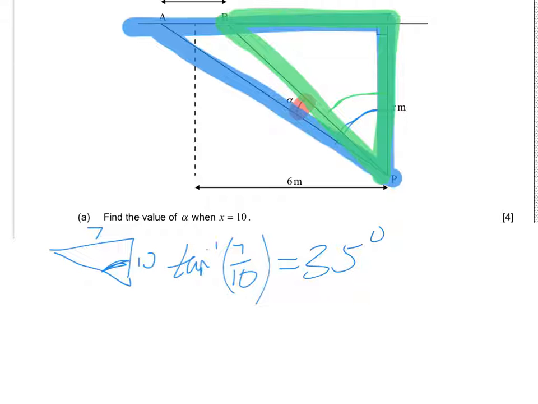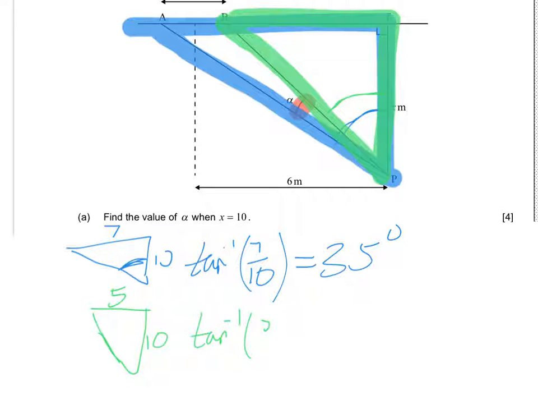And the green triangle, which is only 5 across and 10 that way, if you do tan inverse of 5 over 10, then you get 26.6 degrees.